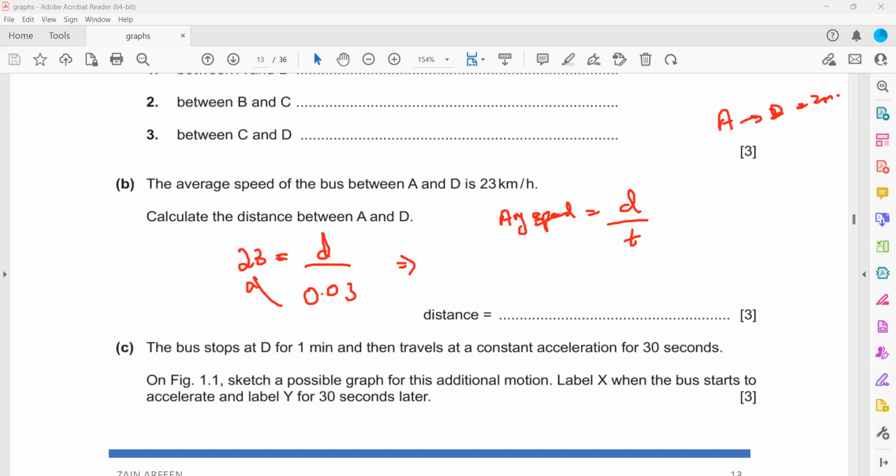You multiply, and you will get 0.77 kilometers. That's the distance traveled.